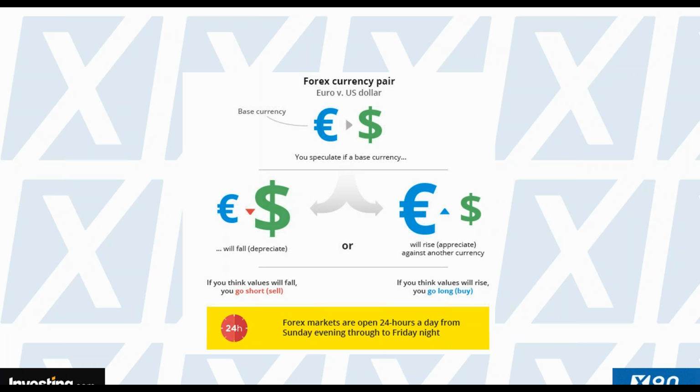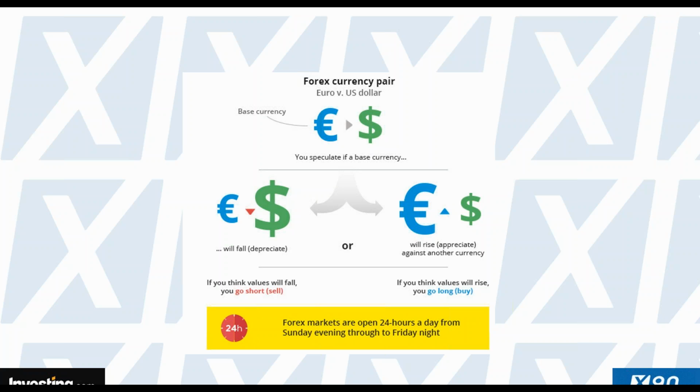It is quoted in the base currency, which is your home currency, against the currency in which you wish to have. But there are also what we call majors. So in the US, around the globe, if you were going to trade pounds and dollars, it would always be the USD quoted against the pound, except if you were in London and it would be the pound versus the USD.